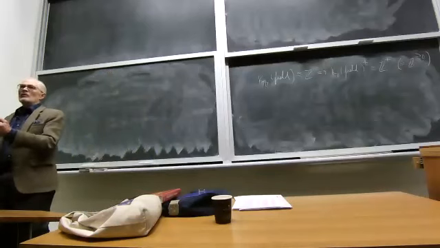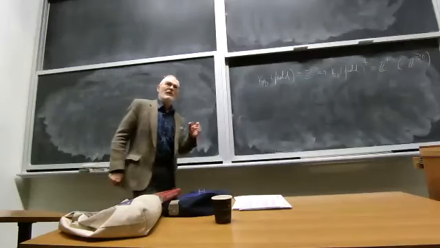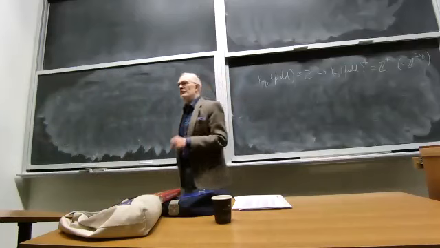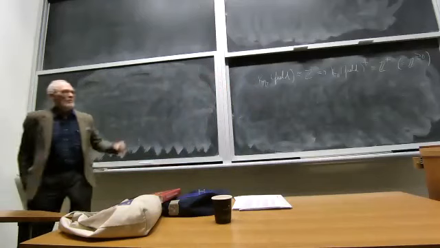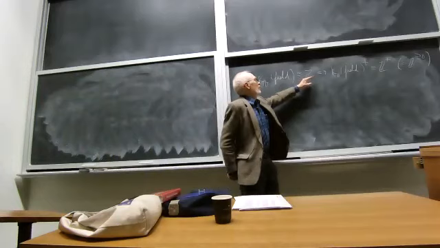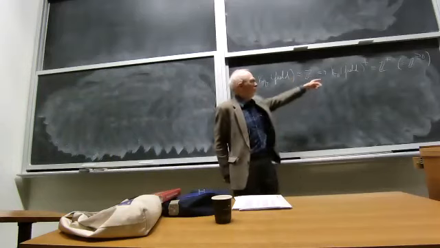So the semigroup is singly generated. It's a semigroup generated by a single element, and that can be used to show that if the group that it generates is Z, then this is what it must be.